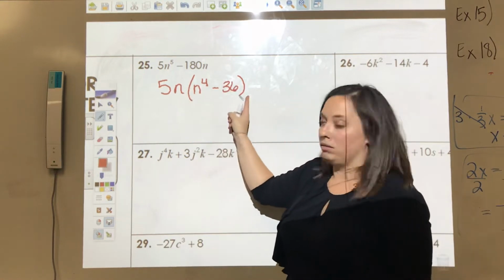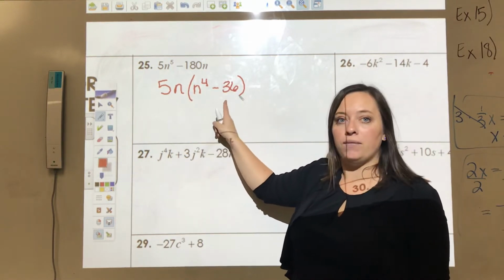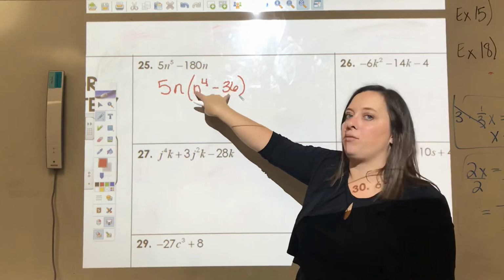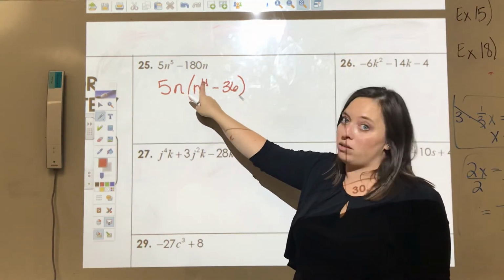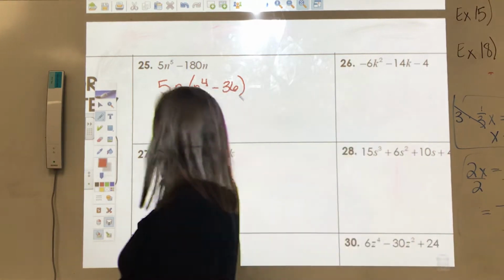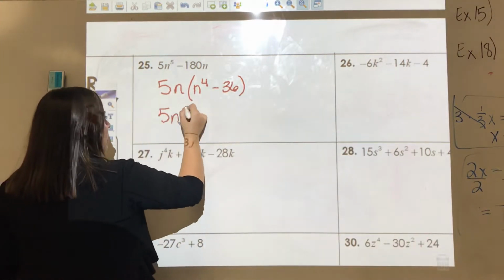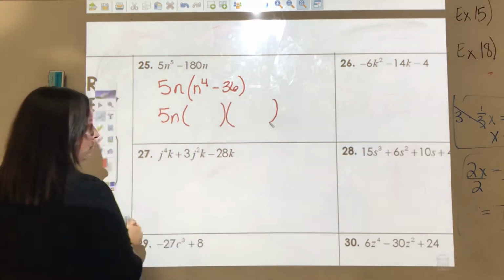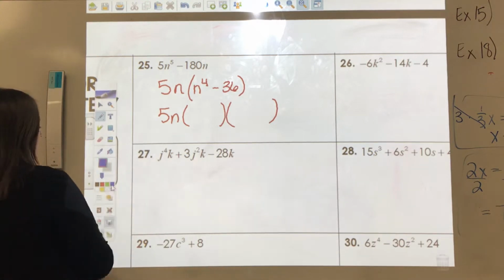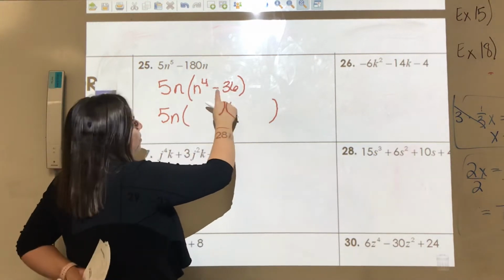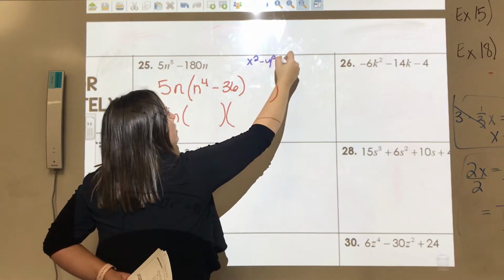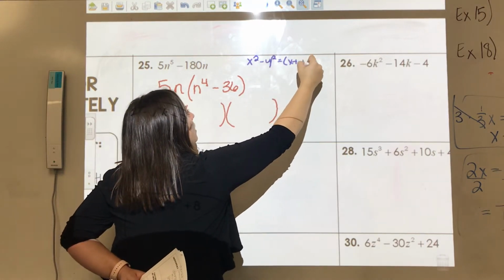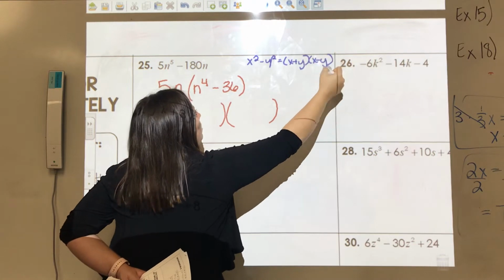Can this be factored? This is a difference of squares. Perfect square, 36. Remember, this is also a perfect square. So this is going to change into something like this. So remember, n to the 4th minus 36. We got x squared minus y squared equals x plus y times x minus y.